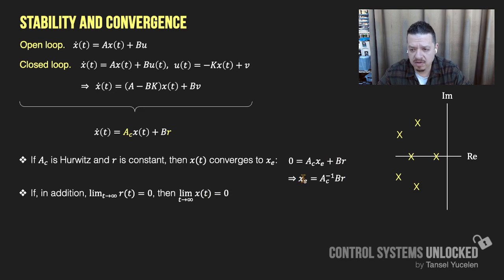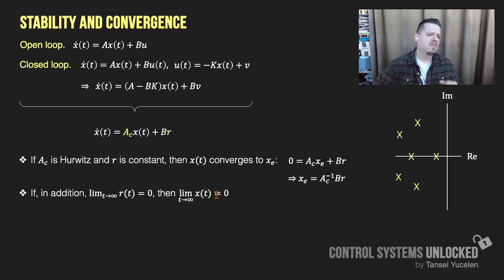If r converges to zero, x_e will converge to zero. So these two results are really cute. Again, if A_c is Hurwitz and r is constant, x converges to x_e. This is how you calculate it. If A_c is Hurwitz and r converges to zero, time varying, then x converges to zero.